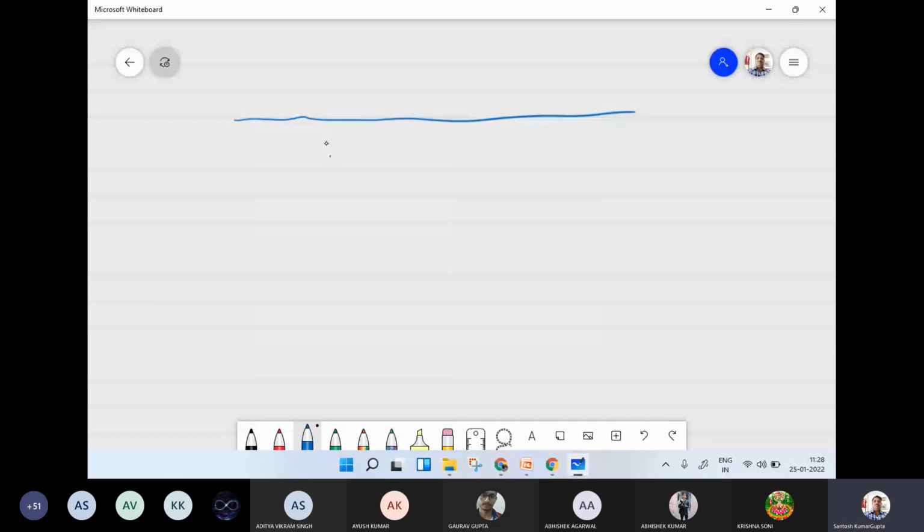So our circuit now is a little modified here.